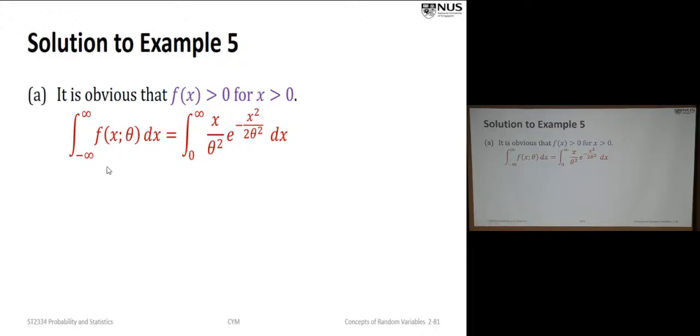So I substitute this. Remember there are two forms for this PDF. One is 0. When is it 0? Whenever it's between minus infinity and 0, the PDF is 0.